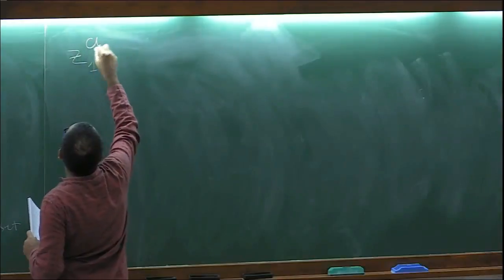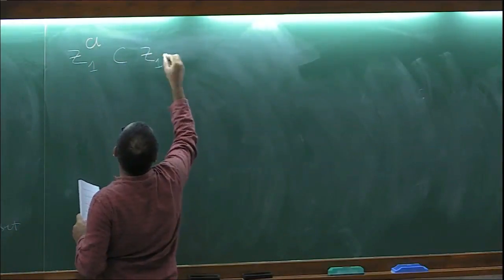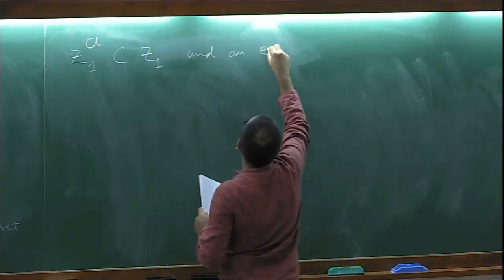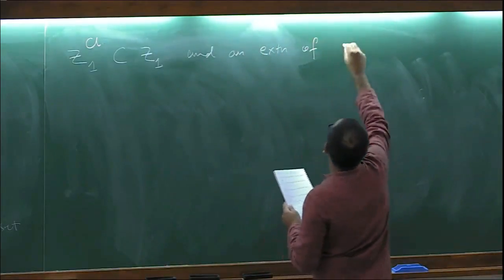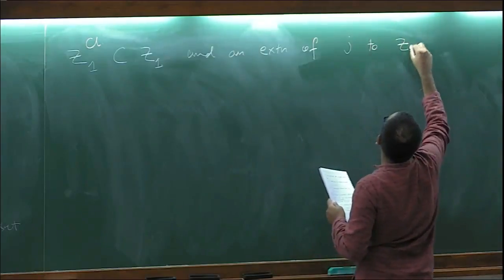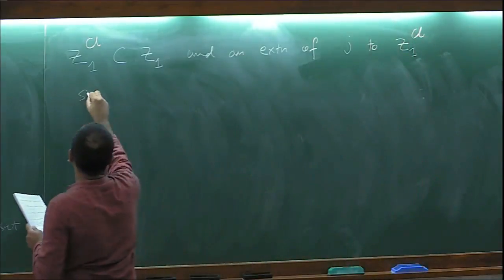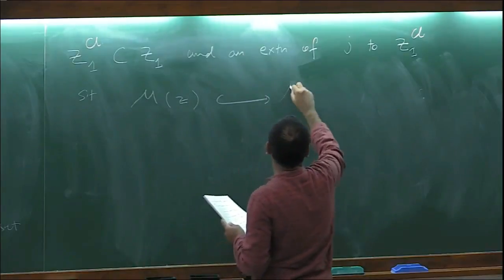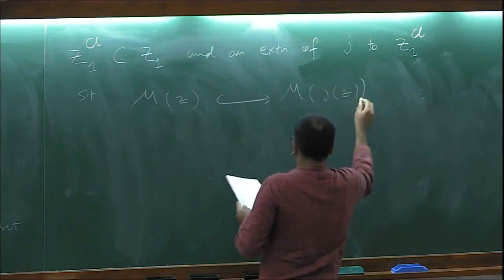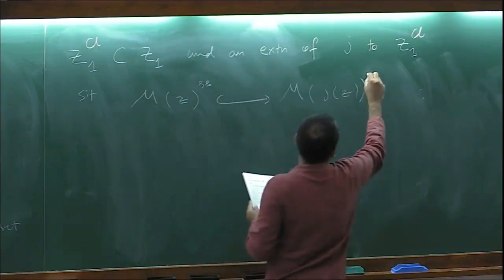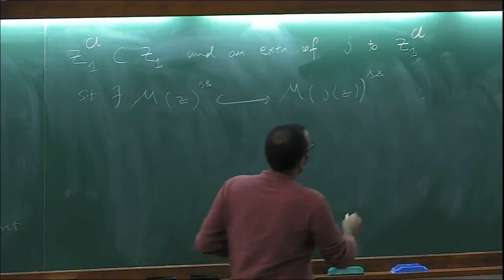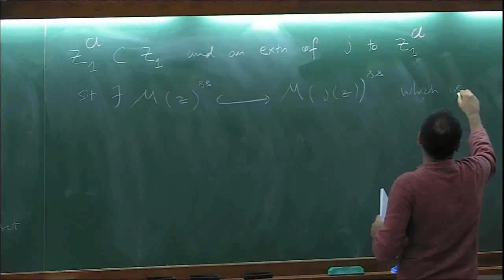So a Zariski accumulation subset Z1, whose points are usually called classical points, sitting inside Z1, and an extension of J to these classical points such that if I look at the stalk at z, there is an inclusion of the stalk into the stalk at J(z), or rather after semi-simplification, which is T2 Hecke equivariant.